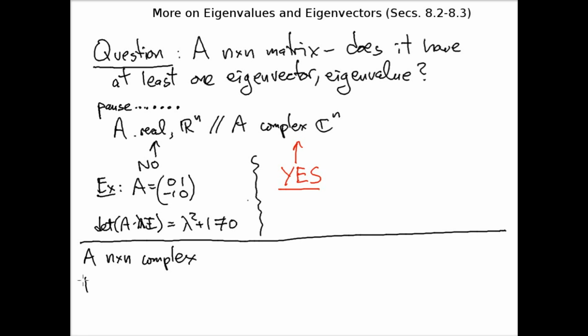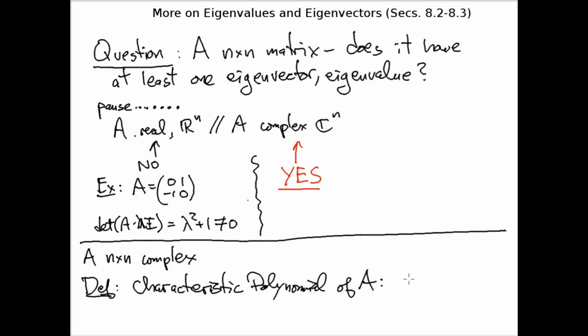Then I'll give this thing a definition. The characteristic polynomial of A is this determinant of A minus lambda times the identity. It's what you use when you're computing eigenvalues, and this is a polynomial in lambda. What does this look like?